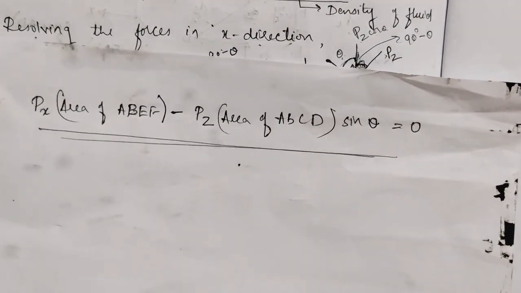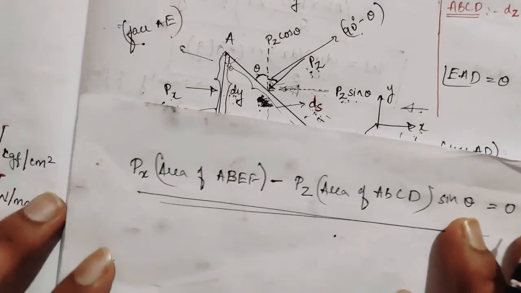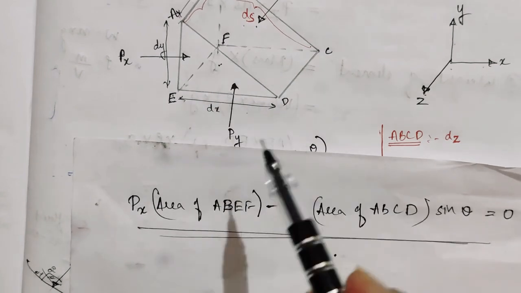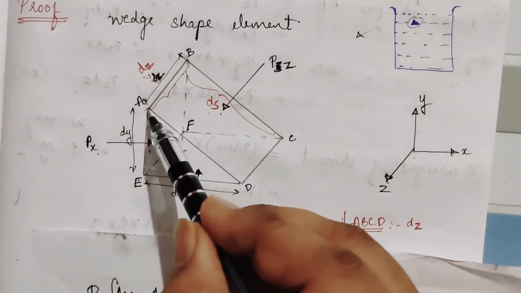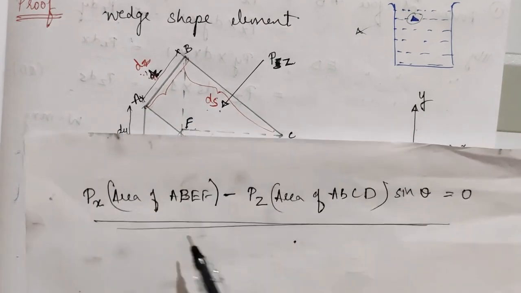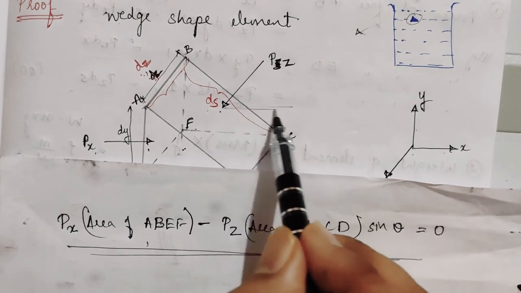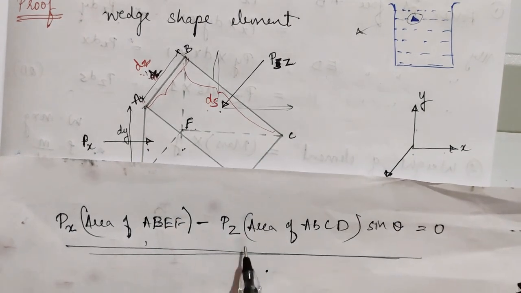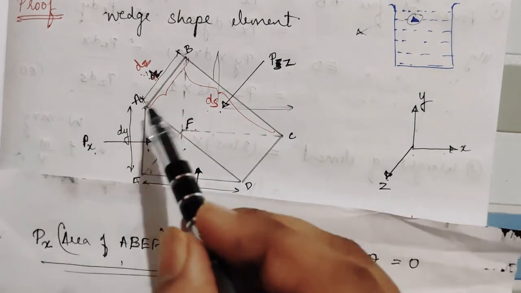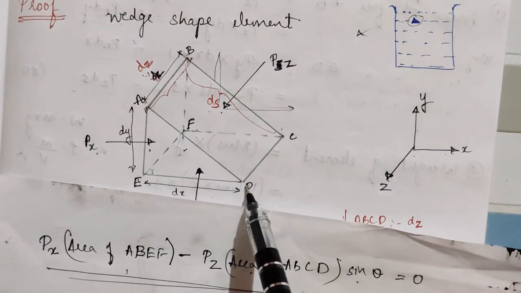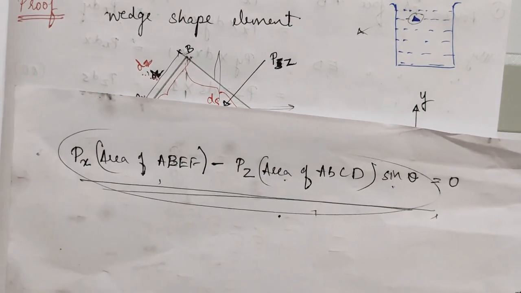Whenever we take this concept, we require this 3D element. So px into the area of ABEF minus, here another force will come, pz into sine theta into area of ABCD. If you follow this also, you will get the same answer.